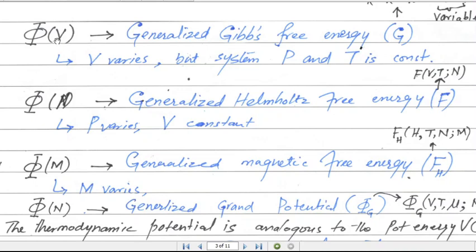The parameter in the bracket represents the parameter which varies to minimize this thermodynamic potential. So in the case of Gibbs free energy, the volume of the system changes to minimize this thermodynamic potential, which is the Gibbs free energy.